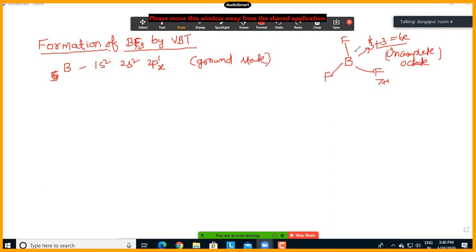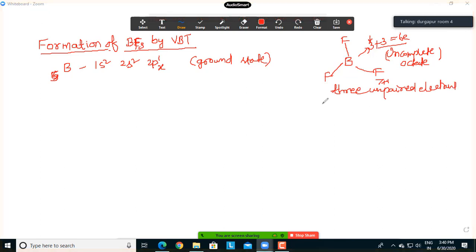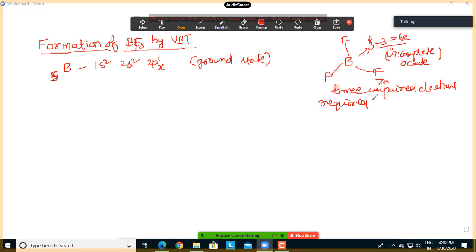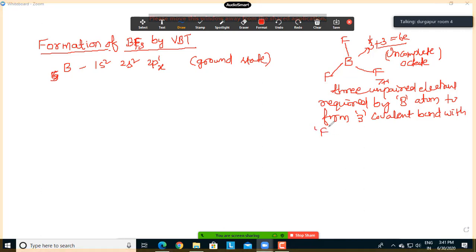Since boron is making 3 covalent bonds, there must be 3 unpaired electrons required by boron atom to form 3 covalent bonds with fluorine atom.